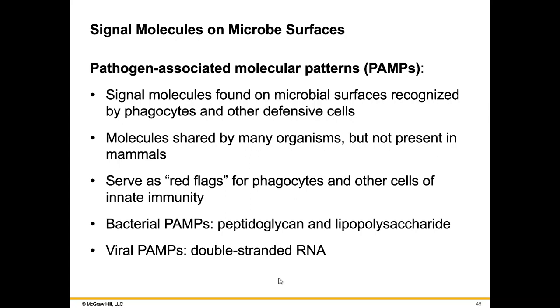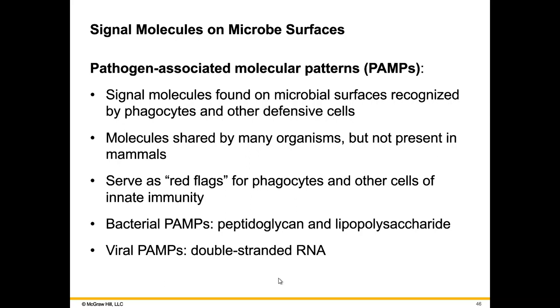Again, these molecules can be shared by many different organisms: bacteria, and even eukaryotic pathogens like protists may have them. But these are combinations of proteins, antigens, or markers that are not found on mammals, which is why our immune system detects them as red flags. That collection of proteins, our body knows. We don't see that on mammals.